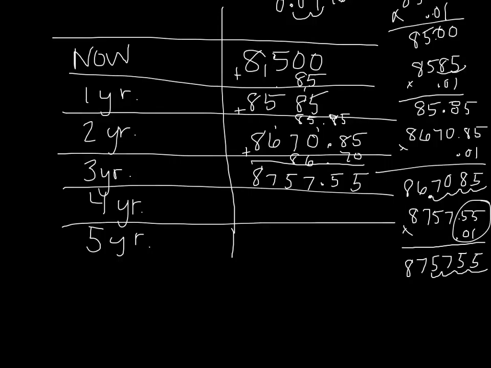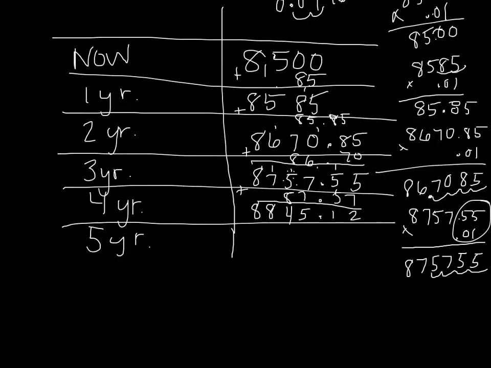Okay, so now I have to add in 87.57. 7 plus 5 is 12. 5 plus 5 is 10, plus 1 more is 11. Bring down my decimal, 14, 15. 8, 8. Okay, we're almost done.